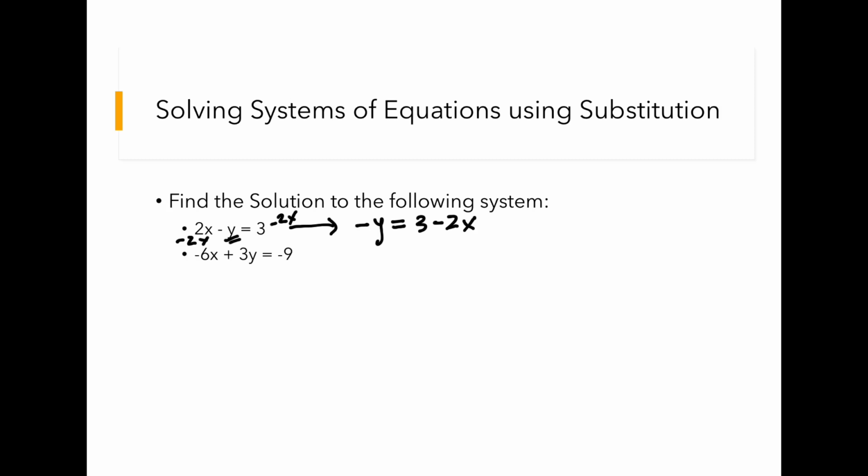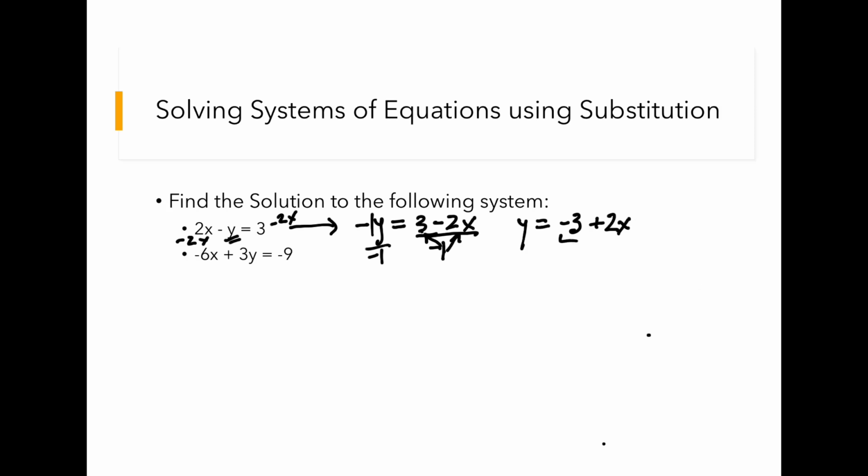It's important to remember that subtraction becomes negative because we actually need to get rid of it. That's a negative 1. So to get rid of it, we divide both sides by negative 1. That divides both terms by negative 1. So y is basically, they both become opposite signs. So instead of positive 3, I have negative 3, and negative 1 divided into negative 2x makes it positive 2x.